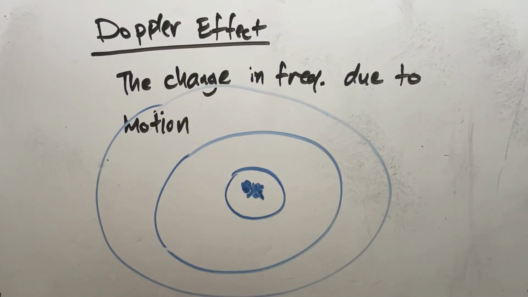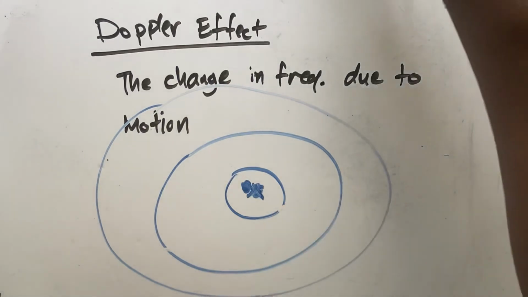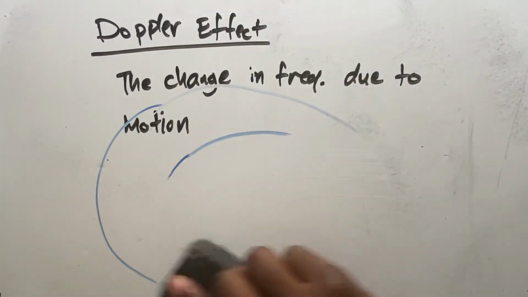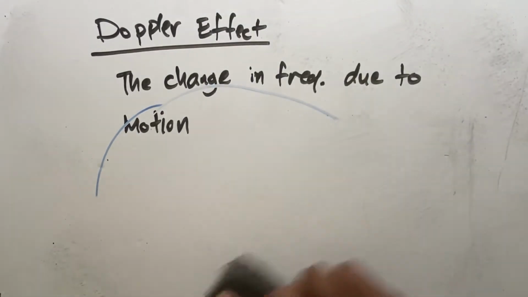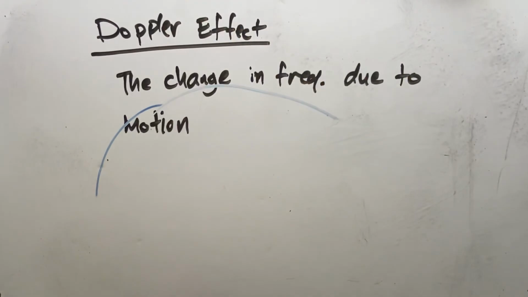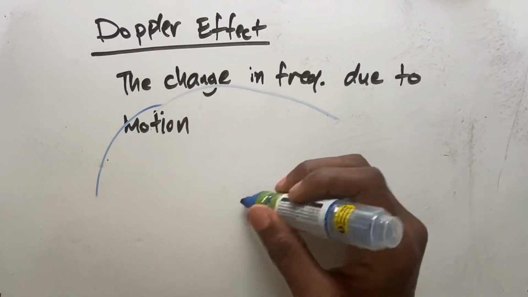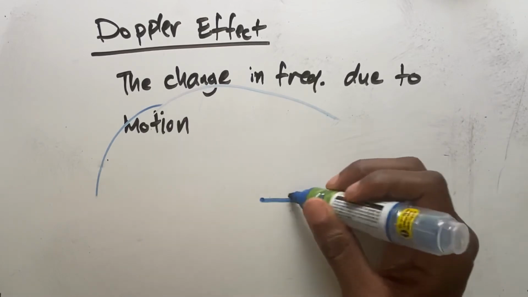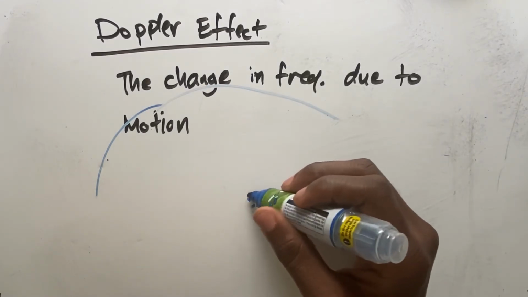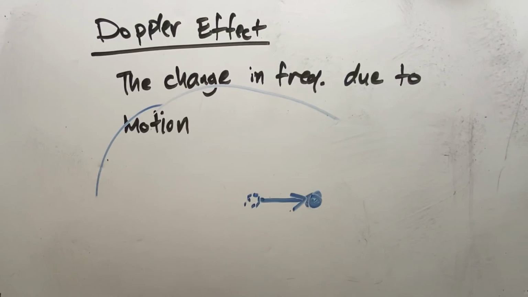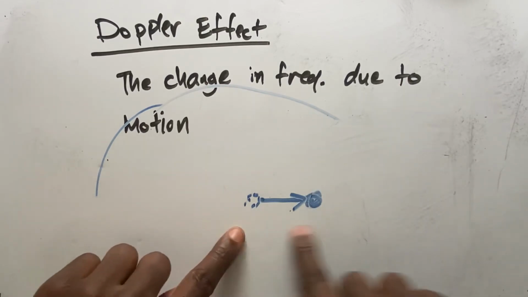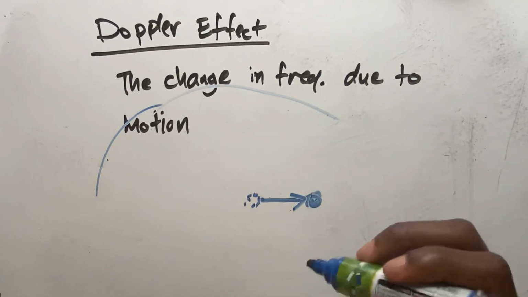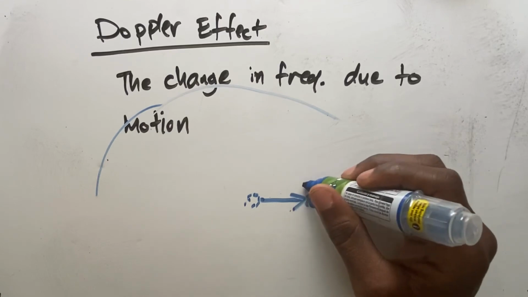But now, let's say the bug starts to move in the water. How is that going to affect the waves? So let's say now he's moving. As he moves in this direction, the waves that it produces look more like this.